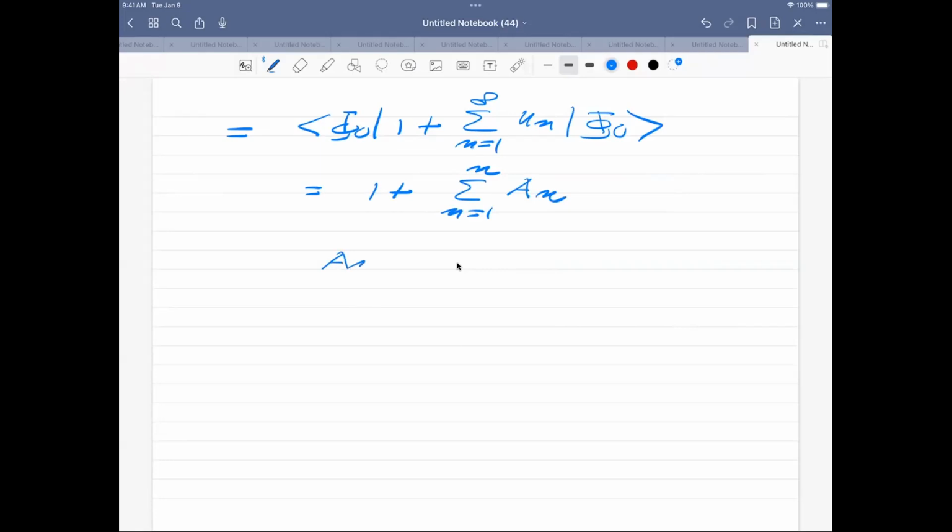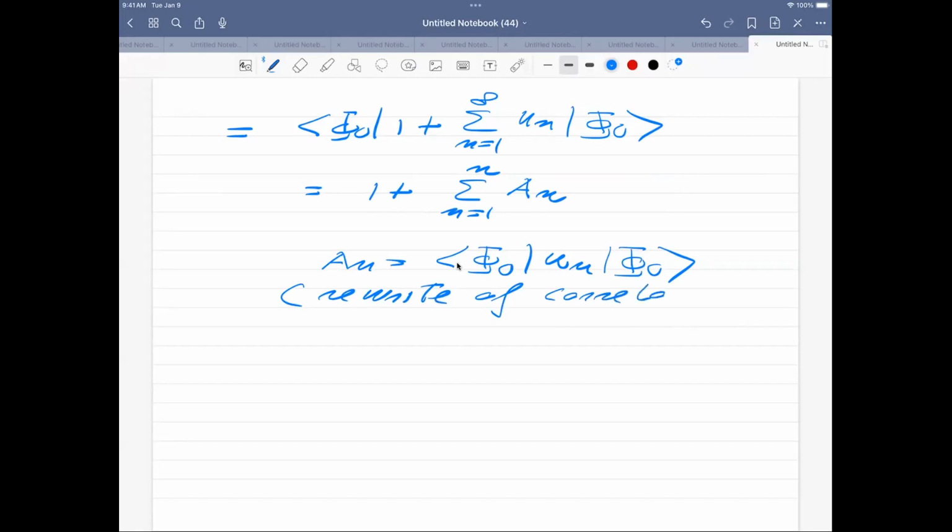And this A^(n) is nothing but our ⟨Φ0| U^(n) |Φ0⟩. And that looks very much like our correlation operator. So this is just a rewrite, with time here, of the so-called wave function operator or correlation operator, as we called it earlier.